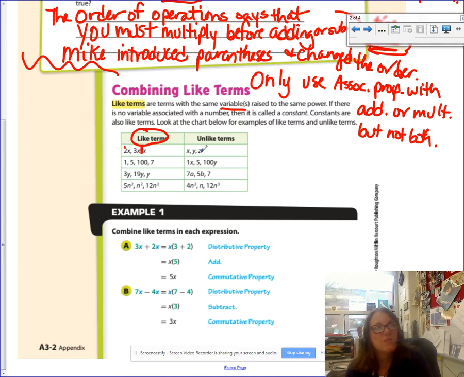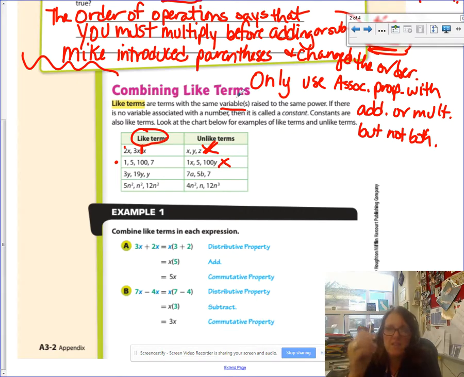They're like terms. Look at these three. X, Y, Z, different letters, not like terms. 1, 5, 100, 7. They're all numbers, plain old numbers. You could add them together. Okay? 1x, 5 doesn't have an x. The 100, that has a letter Y. These are not like terms.